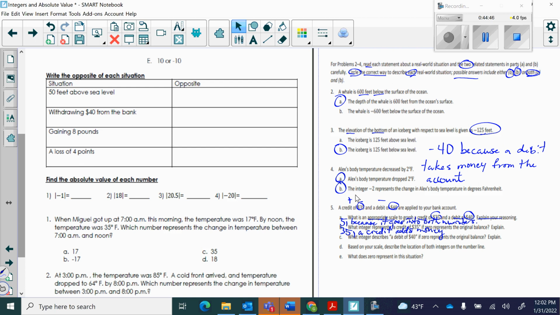Which way? Up or? If we're doing horizontal. Okay. The credit is going to be right, because it's positive. Okay? So our credit is 7 spaces right of 0.